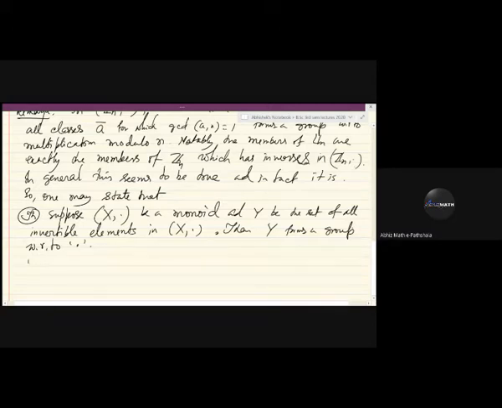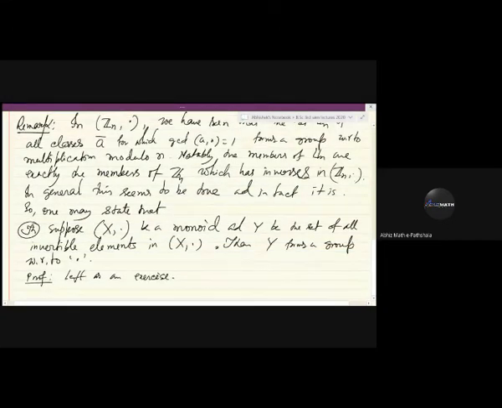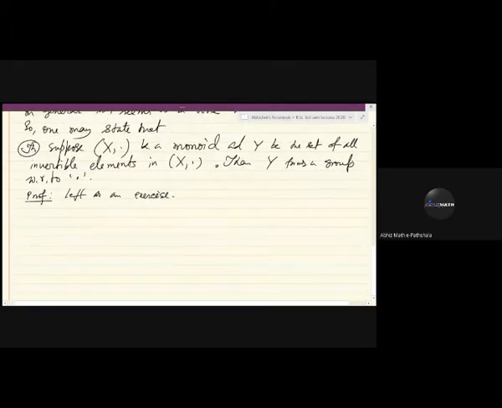So the proof is left as an exercise, just using the fact that I have stated above, this one in Zn dot. Then this is your task for the next day. Okay, fine.